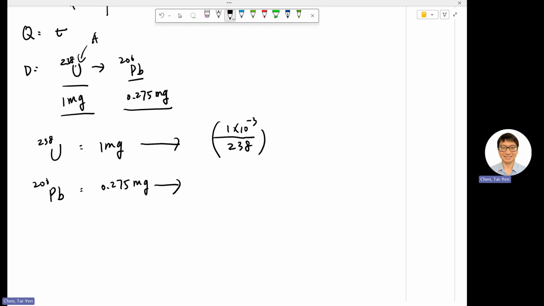You have that many moles of your U, right? And then you are going to have 0.275 times 10 to the negative third over 206. So you have that many moles of PB.